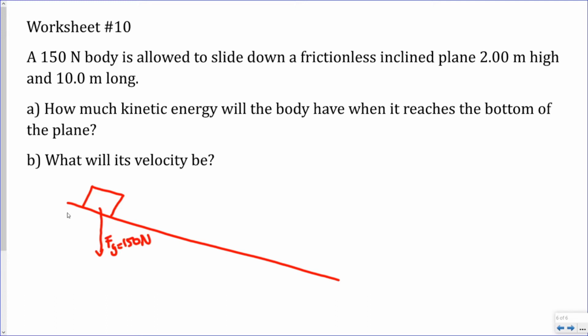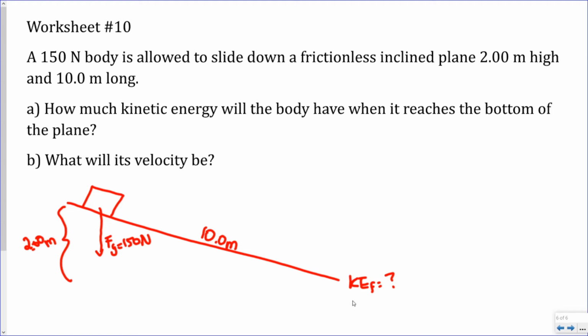The inclined plane is 2 meters high, so from here to here is 2.00 meters, and 10 meters long. So I would read that as this being 10 meters. How much kinetic energy will it have when it reaches the bottom of it? So we're asked to find KEf.